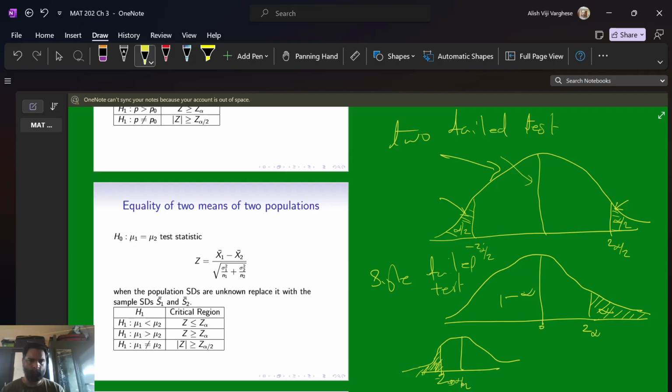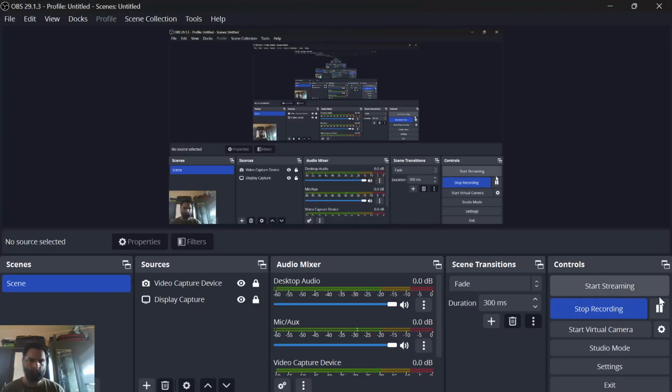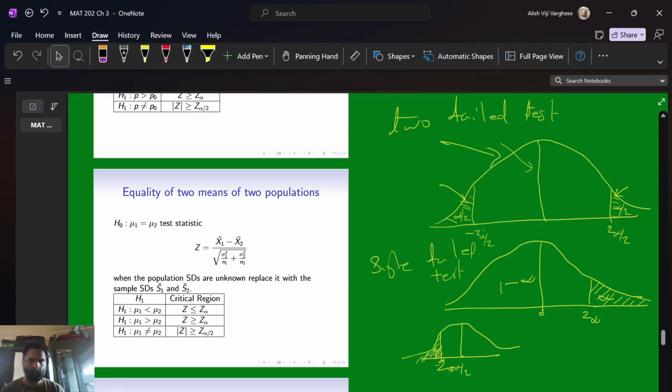Here we missed the minus sign also, I think. So here, in the one tail test, if the alternative hypothesis is mu1 less than mu2, it is Z less than minus Z alpha. So there is an error here.